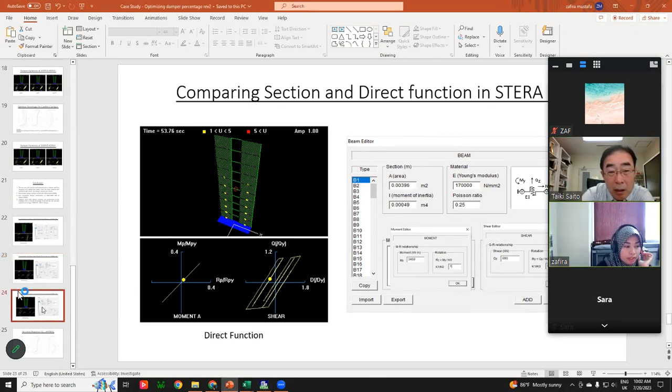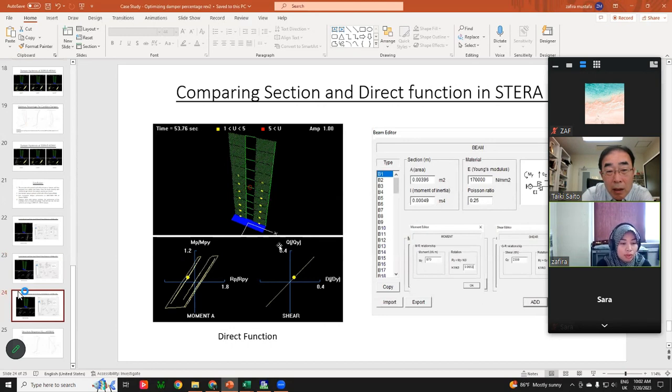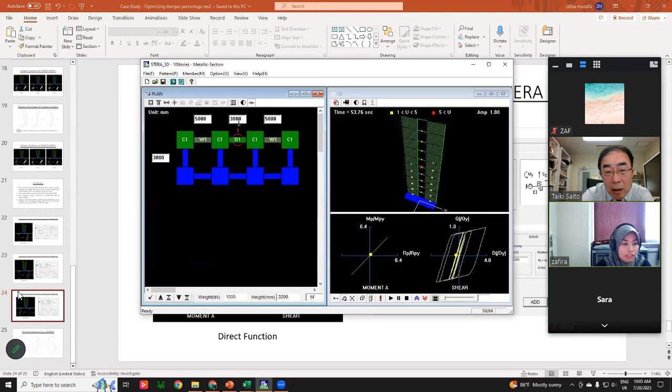Then when we discuss, we want to make sure the metallic damper is at MR. So MR is here. 660 times 1.2, because the length of the beam is actually 3 meter, but we have to subtract the column size.